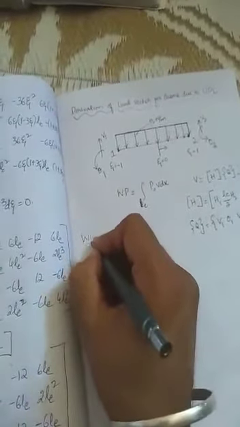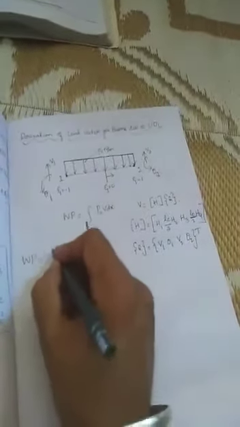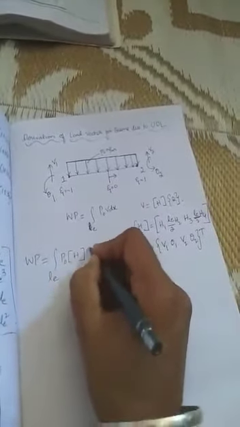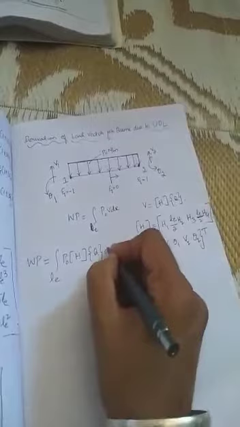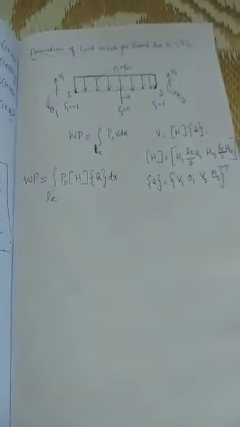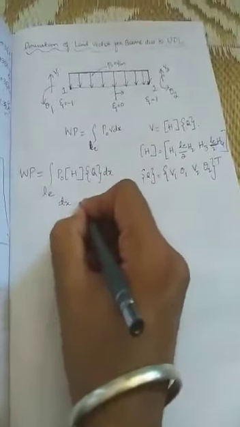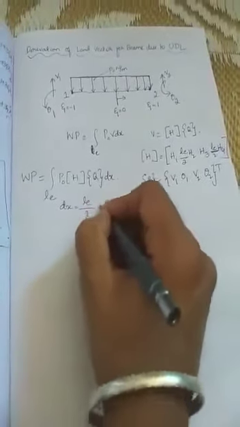So substituting these values here, we can write WP is equal to integral over LE of P naught H Q dx. Here we will take out the value of Q. First of all, we need to know that dx is equal to LE by 2 into d zeta.